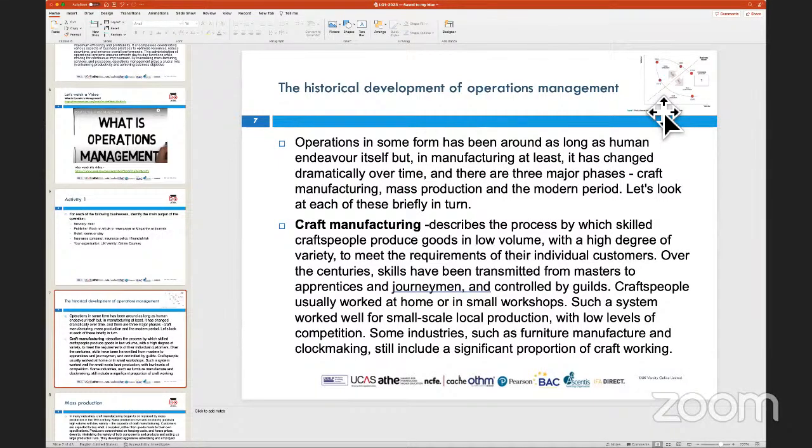Now, let's look very briefly at the historical perspective of operations management. Operations has been there from as far back as we can recollect. People have been producing, for example, crops. If you look at agriculture, people have been farming, but farming is the process, and the output that we get is wheat, corn, maize, barley, rice.